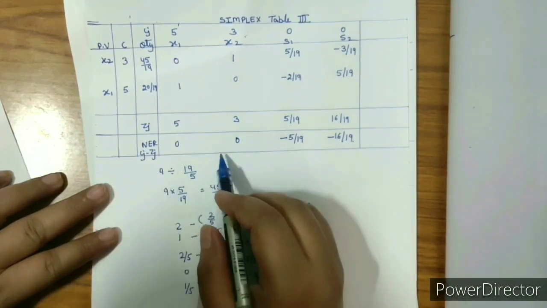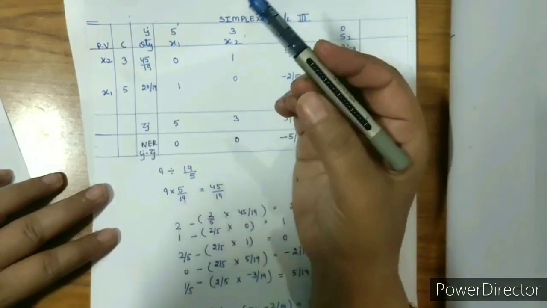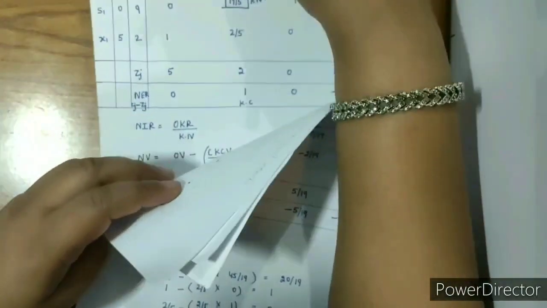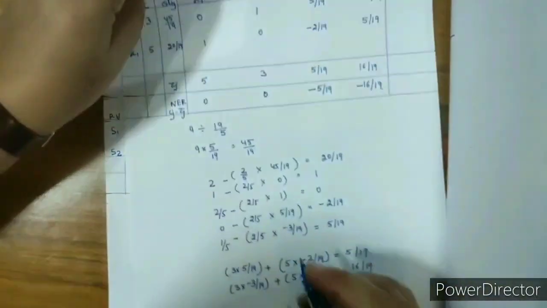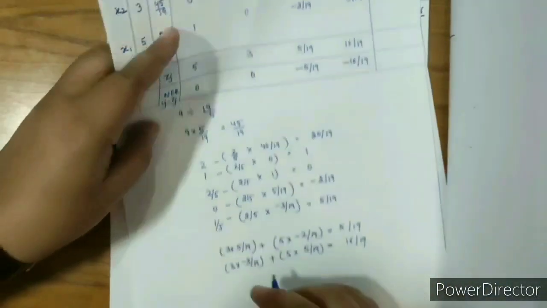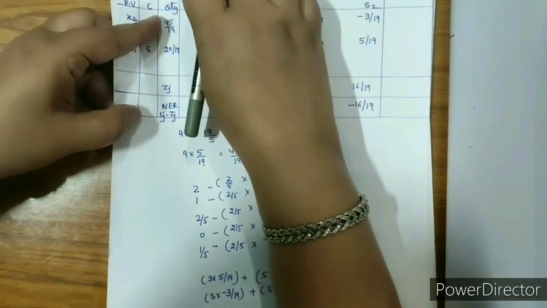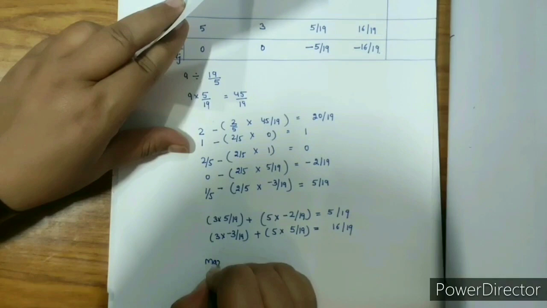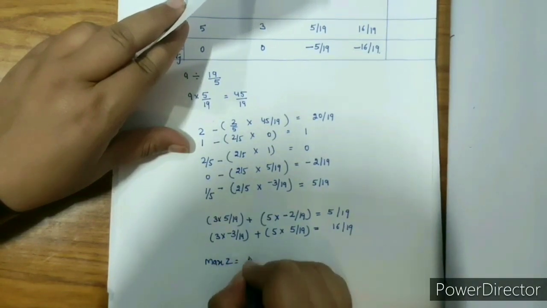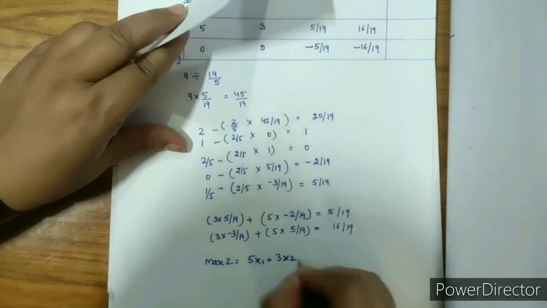Now we put all the values of x1, x2 in our objective function. The objective function is maximize z equals 5x1 plus 3x2.